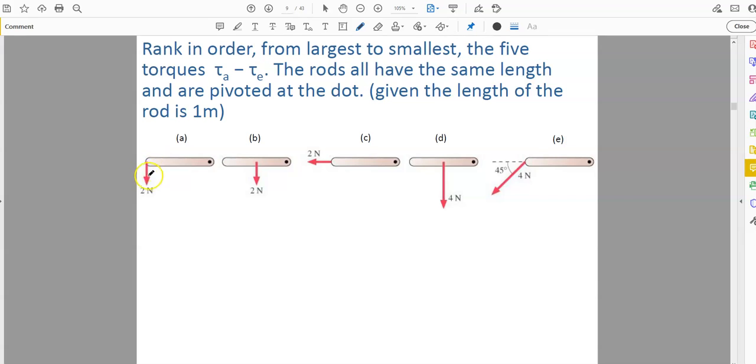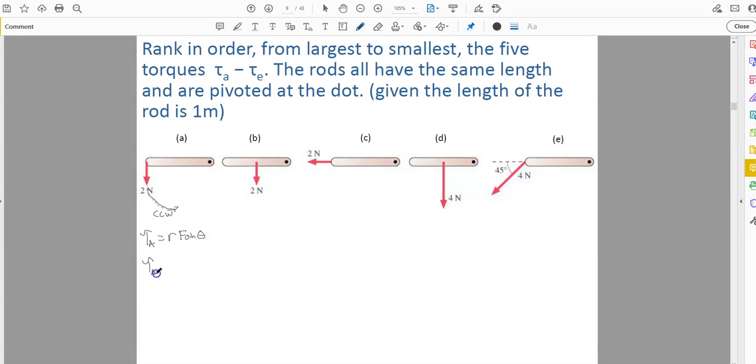Let's sum the torque at A. First of all, let's get directions. The 2 Newton force at A is going to cause it to spin counterclockwise. So the torque at A is a full distance away, so that's going to be R times F times sine of theta. This is the basic format, right?